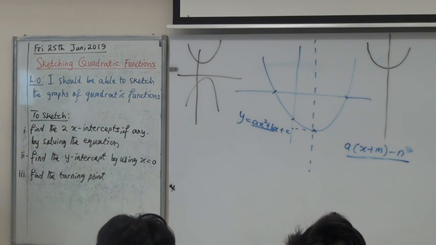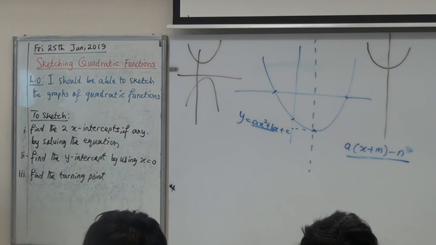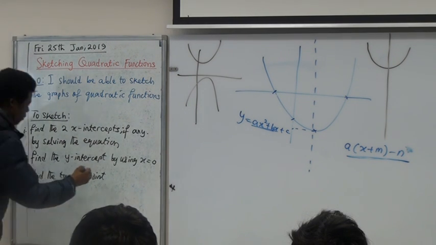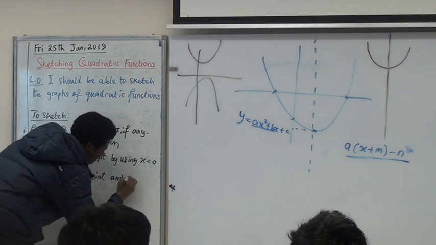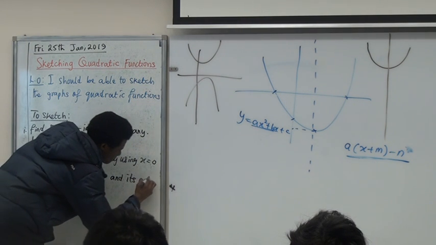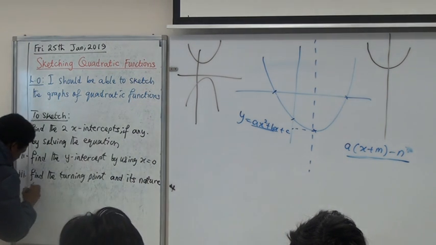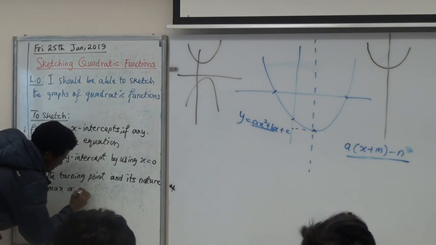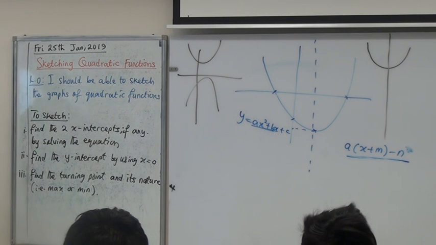Like what kind of turning point, basically? When I say nature of roots, is it equal roots? Is it complex roots? Is it distinct roots? All right. So these are the three basic things.